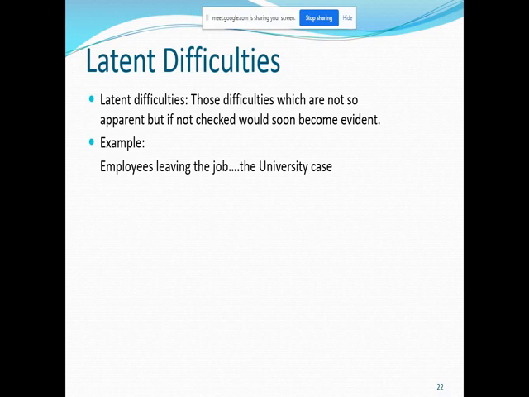When people continually keep leaving jobs, one leaving, then after 2 months another one, then after 4 months three people leaving, then next month another one leaving.